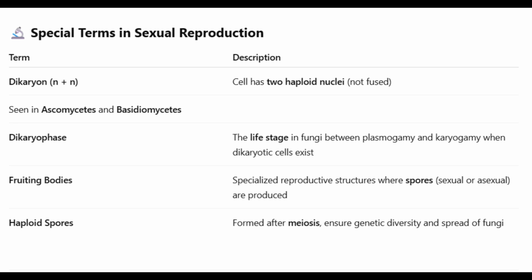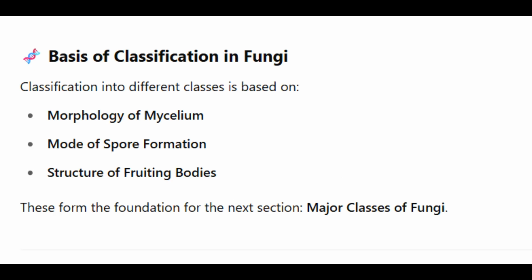They help in spore dispersal and are key to fungal reproduction. 4. Haploid spores. After meiosis of the diploid zygote, the fungus produces haploid spores. These spores help in spreading the fungus to new areas and also ensure genetic diversity, making fungi adaptable to various environments.